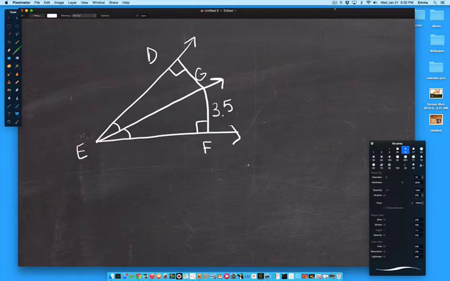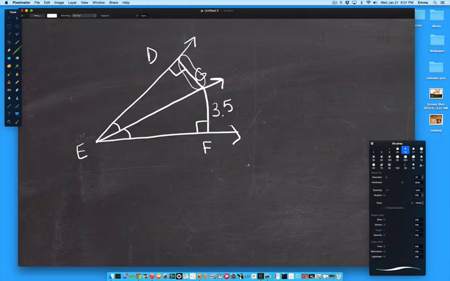Alright, here we have another example problem. In this diagram, you can see that we have angle DEF, and that ray EG is the angle bisector of angle DEF. We can tell this because angle DEG and angle GEF are congruent. Now, we are asked to find the measure of DG.